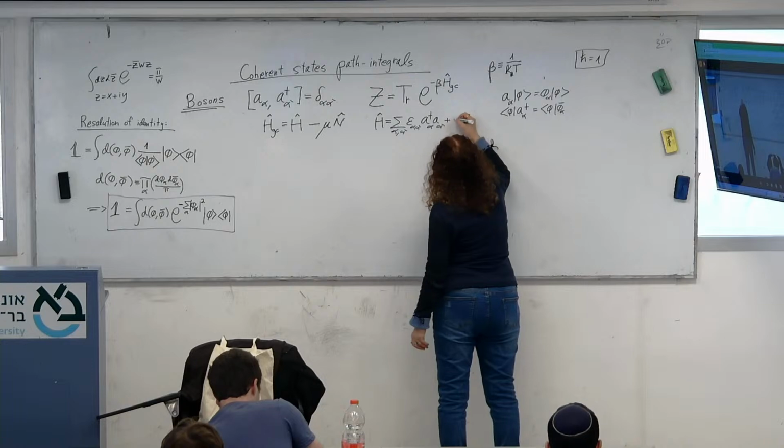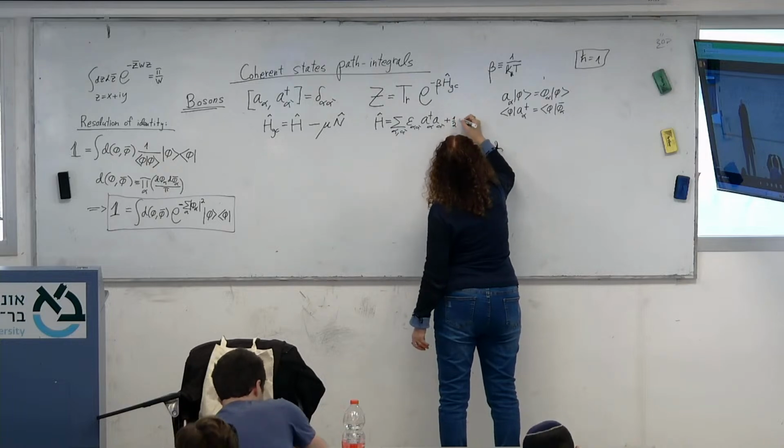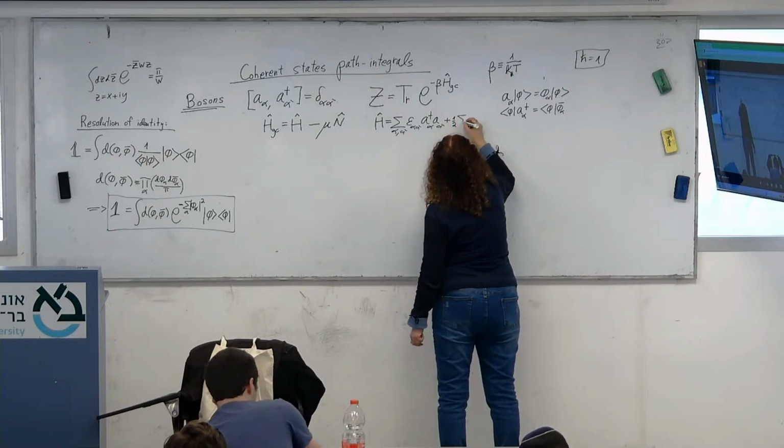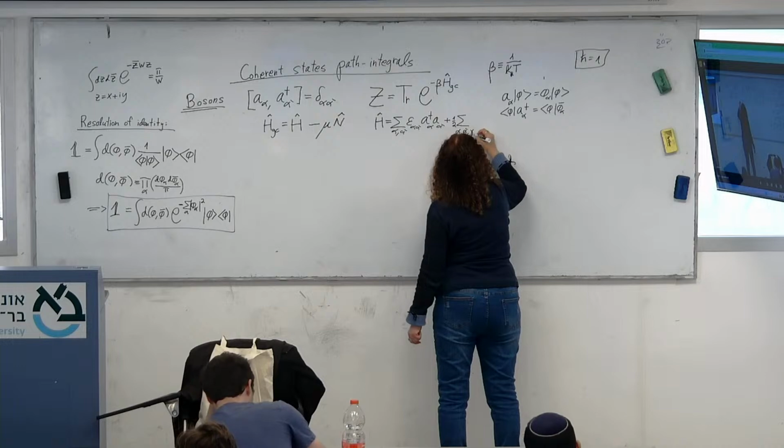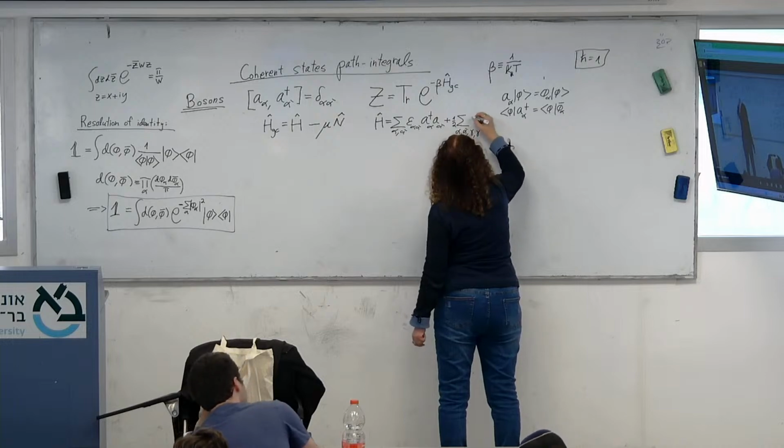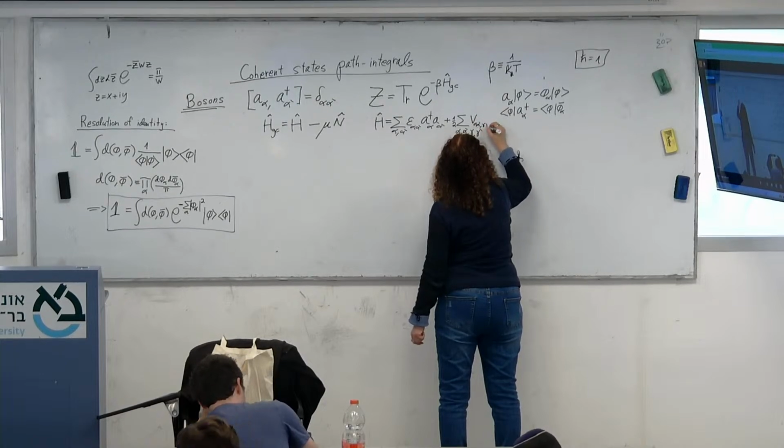Plus, I have some two-body term, which is a sum over 4 indices in general. Let me call them gamma and gamma prime. Some V alpha, alpha prime, gamma, gamma prime.